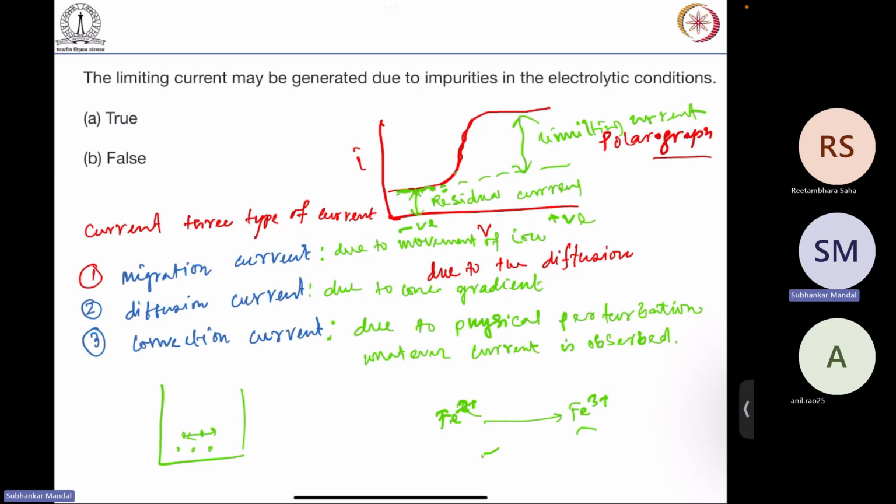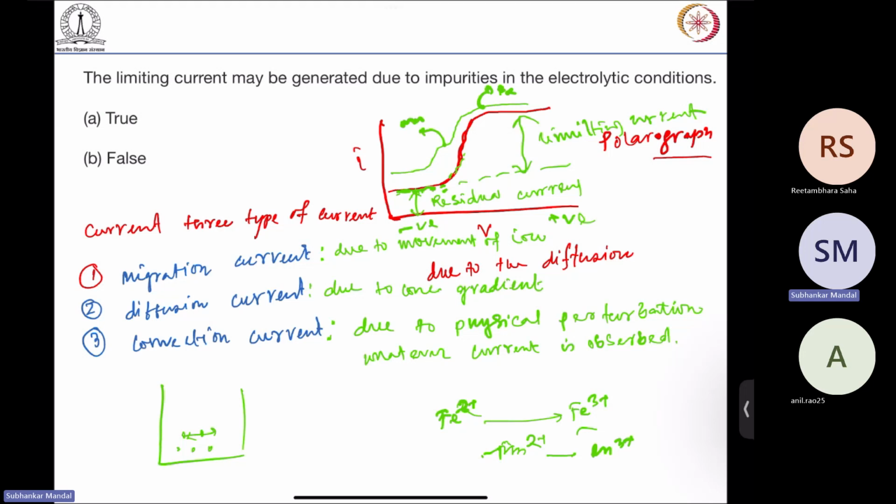Suppose manganese 2+ is there as an impurity. In this potential range, if manganese can also oxidize, going to manganese 3+, it will give current. After the manganese is present, the curve comes like this. So this is due to the manganese and this is due to the iron.